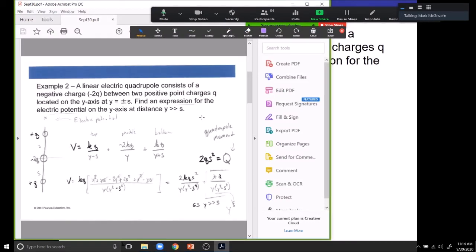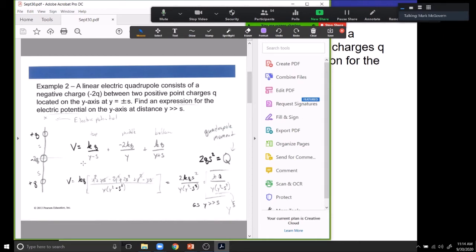The electric quadrupole has total charge 4Q, because quadrupole. But the way it's configured is that we have two positive charges that are equidistant from a negative 2Q charge in the middle. And we want to determine what the potential is going to be.